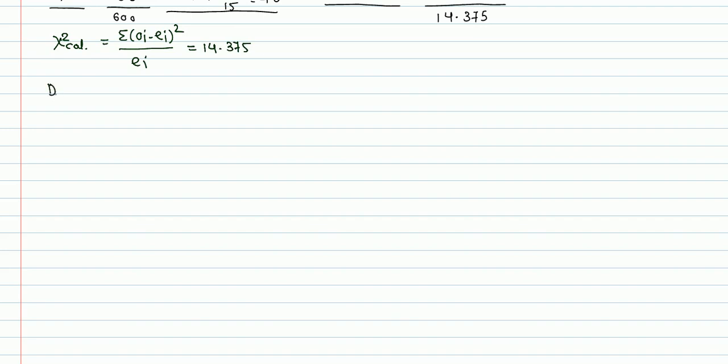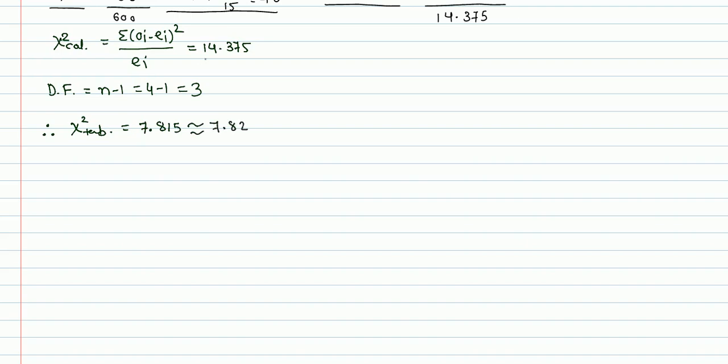For comparison we have to find df. Df is equal to n minus 1, and here 4 grades are given. 4 minus 1 is equal to 3. Therefore chi-square table value, if we see in the table for 5% level of significance, we get 7.815. It is approximately 7.82.